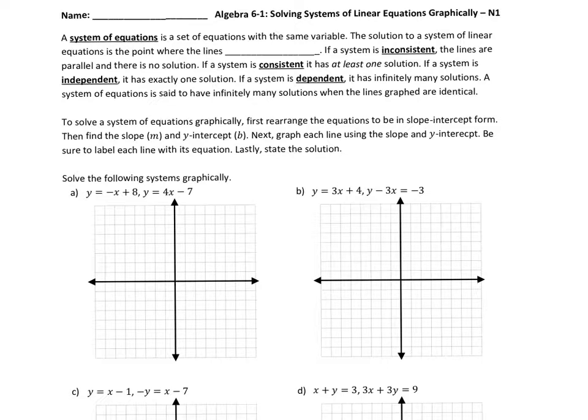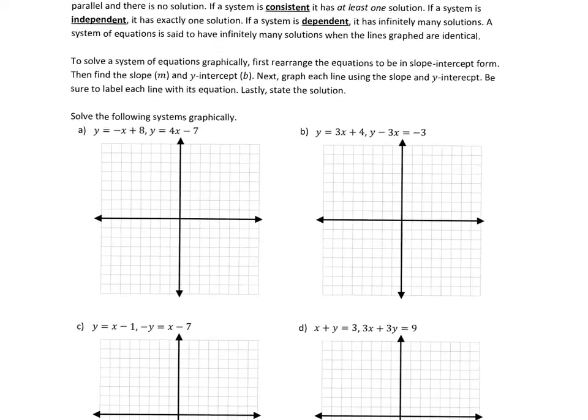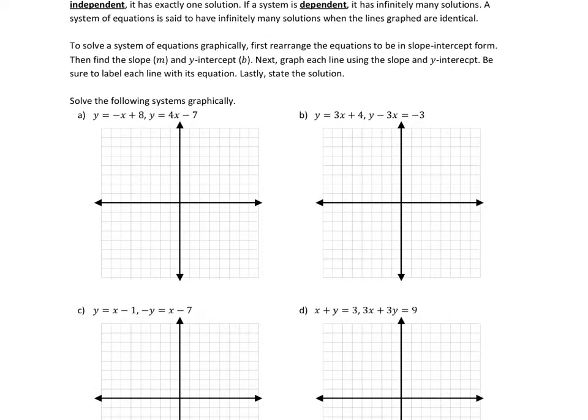To solve a system of equations graphically, first rearrange the equations to be in slope-intercept form, which is y equals mx plus b. So take a moment and write that down.